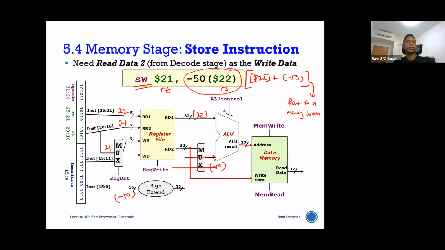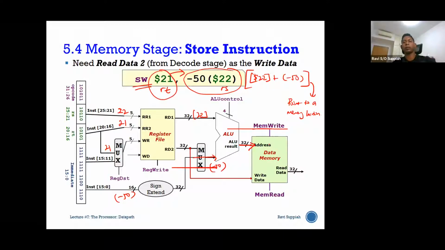But in a store word instruction, you are taking the content that is already in a register and you're going to write it to a memory location. So the register 22 content plus -50 is pointing to the address. But in this case, you are activating the memory write, not memory read, because it's a store word. Store word means take data from register and write to memory.